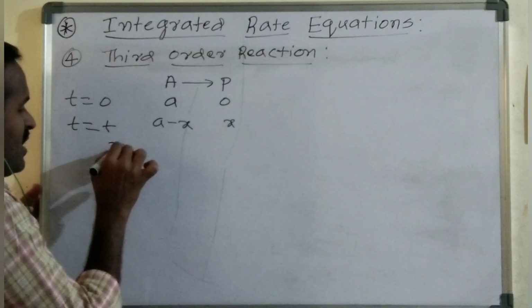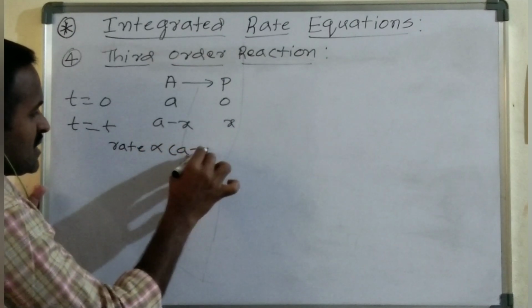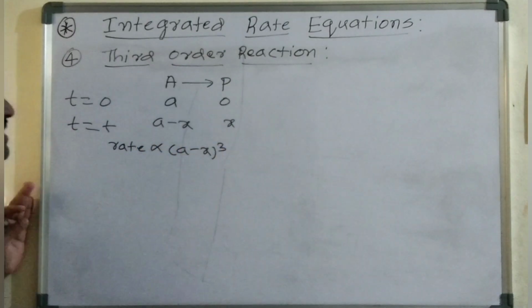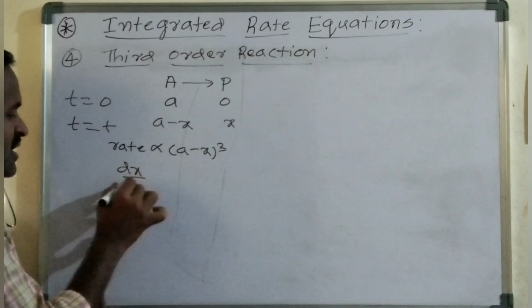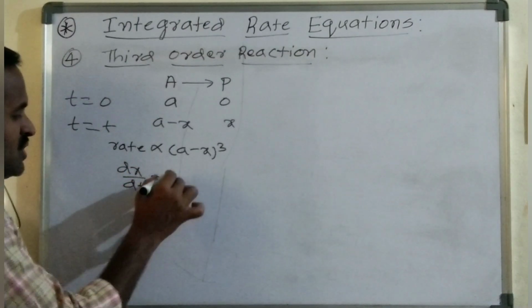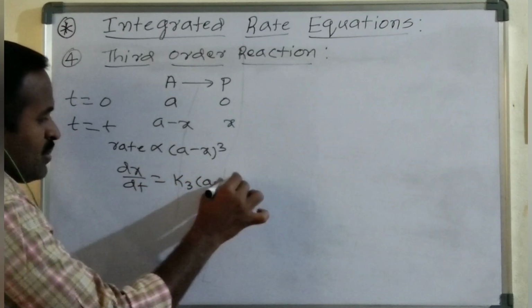According to the law of mass action, the rate is directly proportional to (a minus x) whole power 3, because it is a third order reaction. So dx by dt equals k3 into (a minus x) whole power 3.